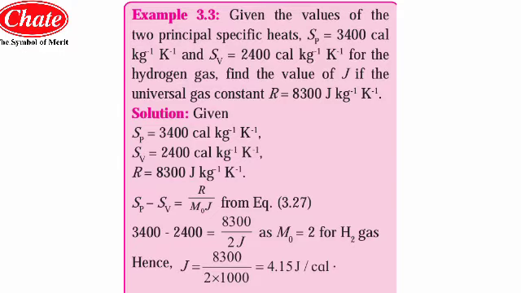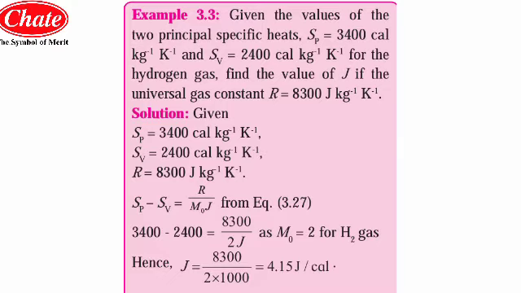So students, for your understanding, we will go through this problem once again. In the problem, they have given the values of two principal specific heats: SP, the molar specific heat of the gas at constant pressure, which is 3400 calorie kg raised to minus 1 and Kelvin raised to minus 1, and SV, the molar specific heat of the gas at constant volume, which is 2400 calorie kg raised to minus 1 and Kelvin raised to minus 1, for the hydrogen gas.